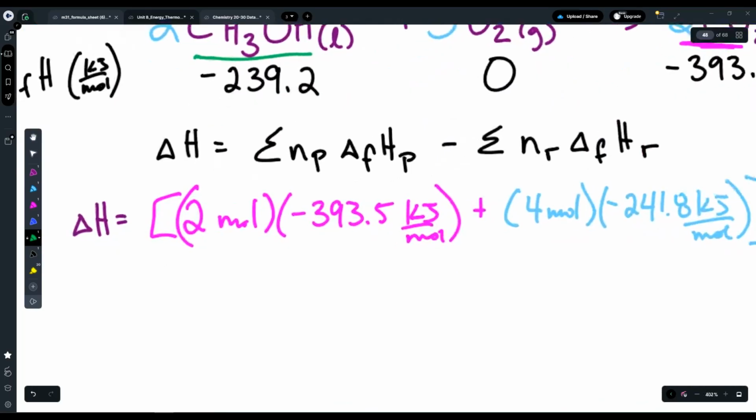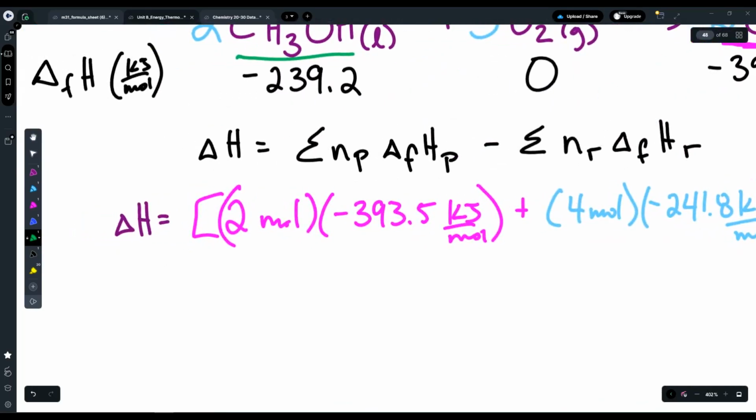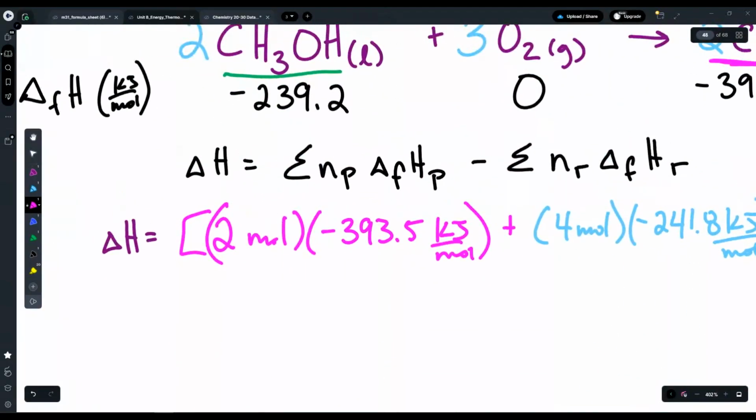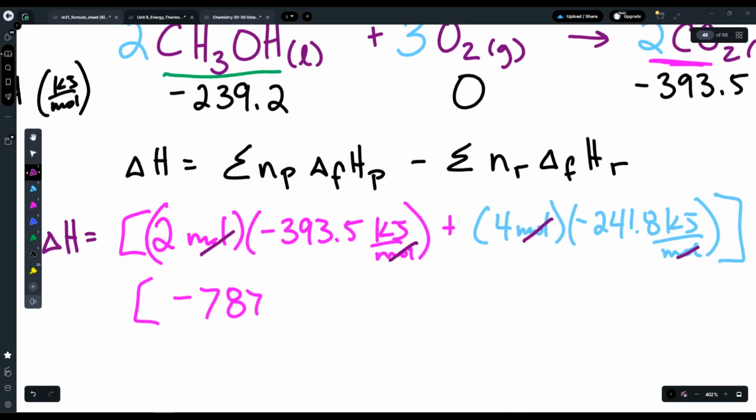Okay. So I've already shown you this calculation in the previous example. So that's going to be negative 787, and moles cancels out, so that's just kilojoules.